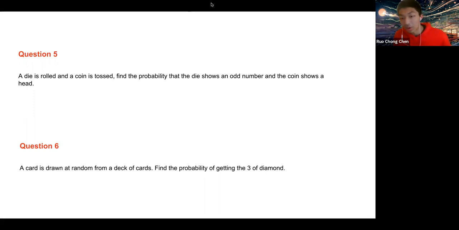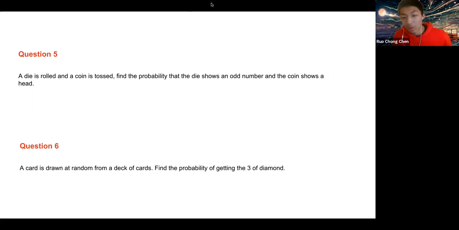The probability of the coin showing a head is simply 1/2. Remember that it's an "and" relationship here. So it should be the probability of showing an odd number times the probability of the coin showing a head.